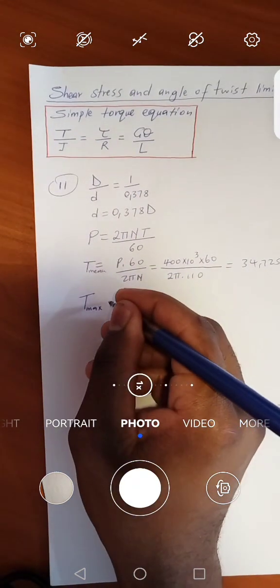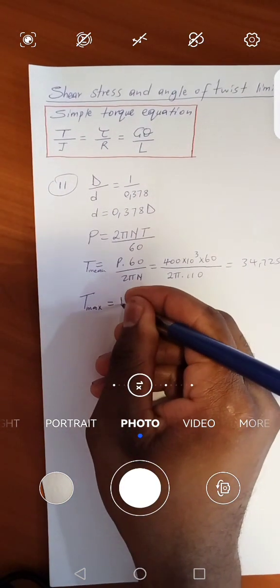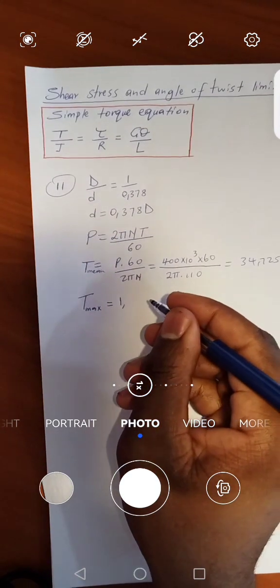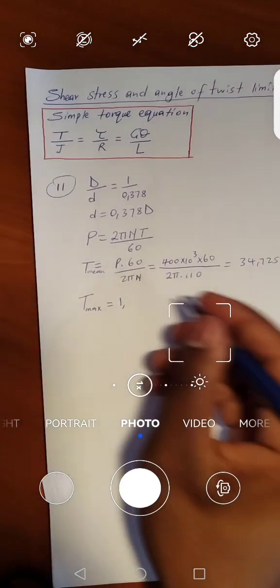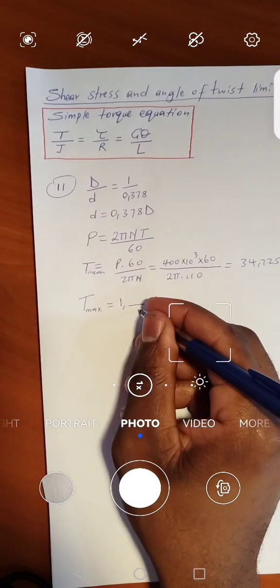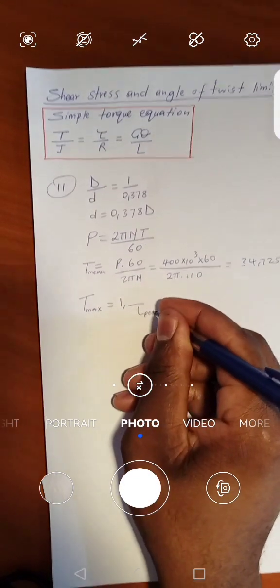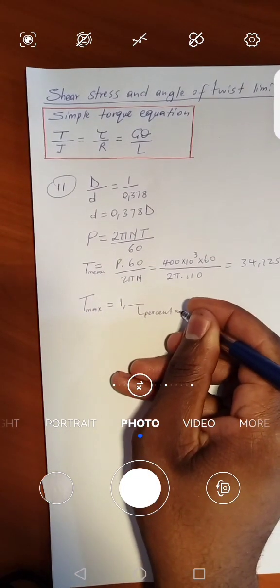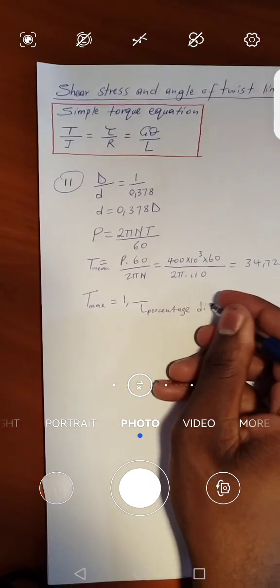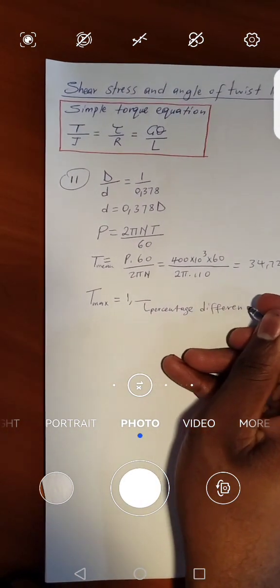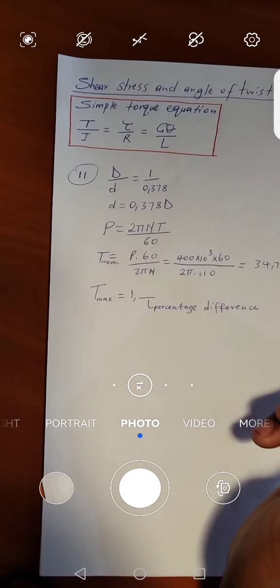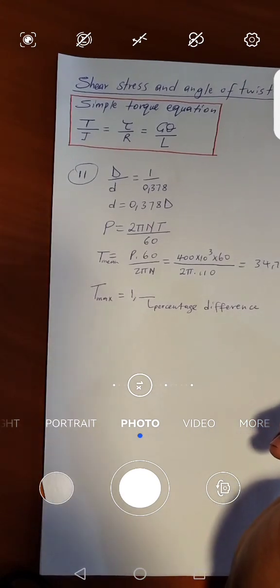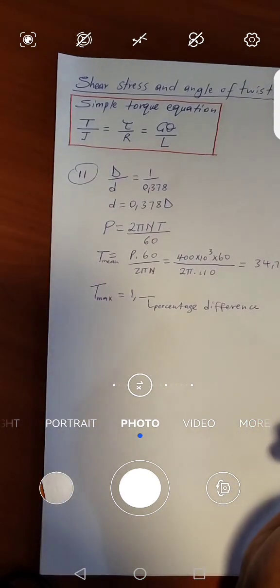Therefore, the maximum torque will be 1 point... percentage difference. In this case, they said that the mean torque and the maximum torque differ by 22%.